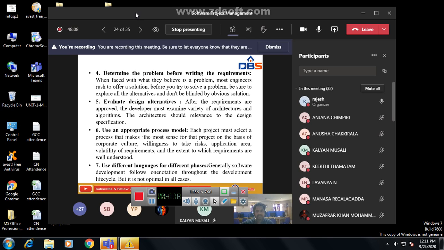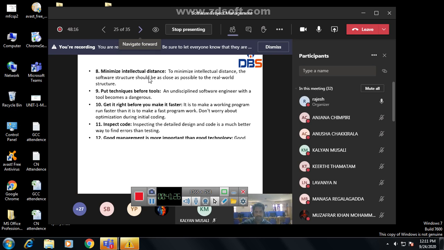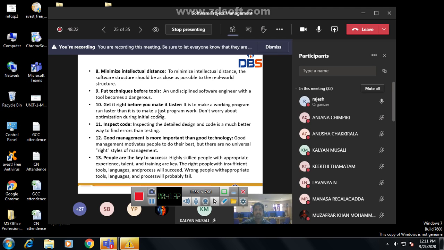And next one, use different languages for different phases. And minimize intellectual distance, put techniques before tools, get it right before you make it faster, inspect code. Good management is more important than good technology, and people are the key to success. So these are the 13.